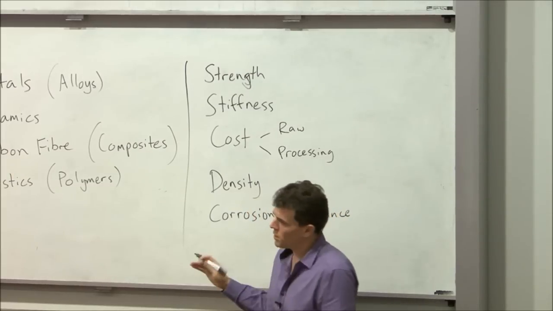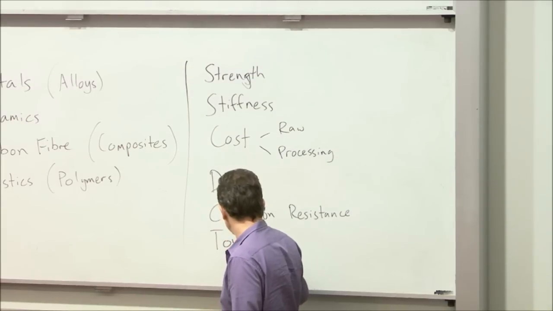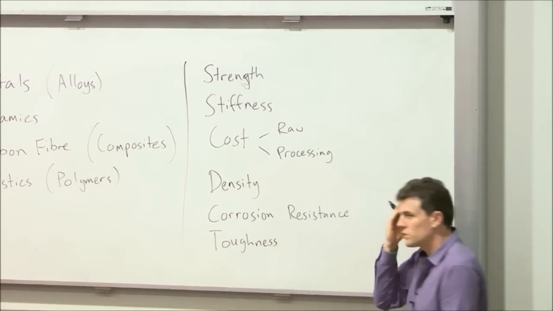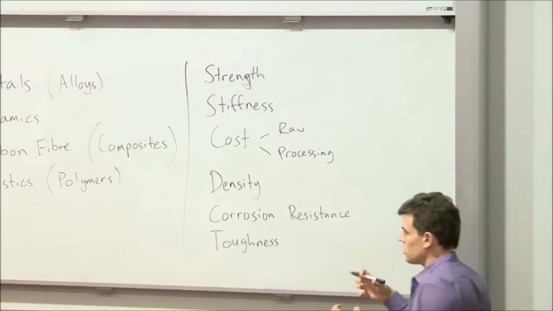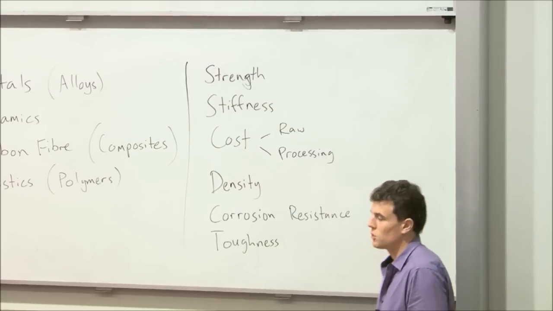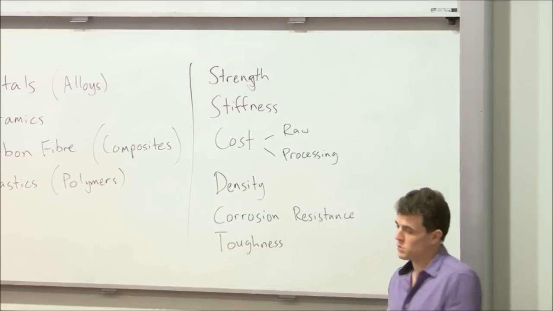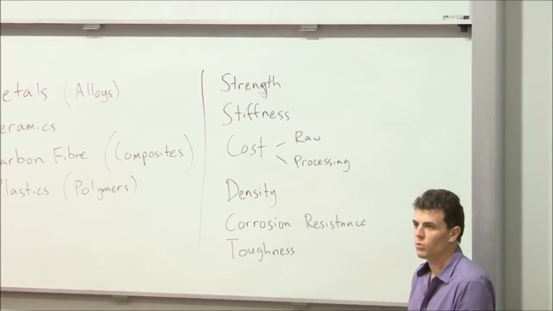There are things that we roughly would call toughness. Okay, so unlike strength and stiffness, toughness refers to how much energy a material can absorb before it breaks. So materials can be strong, but they can be brittle. But materials can be strong and can also be tough, but it's a separate material property.